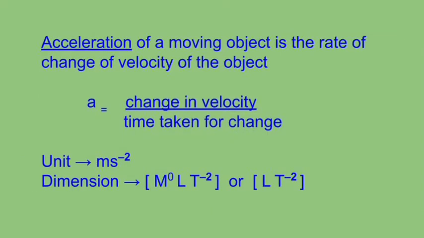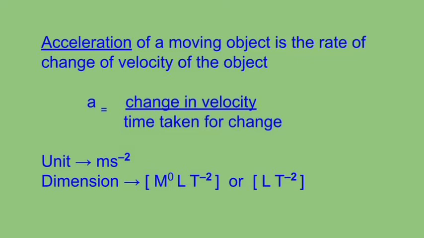Next we see acceleration, which is the characteristic of non-uniform or variable velocity. Acceleration of a moving object is the rate of change of velocity of the object. It is equal to the change in velocity divided by the time taken for this change. It is also a vector quantity like displacement and velocity.